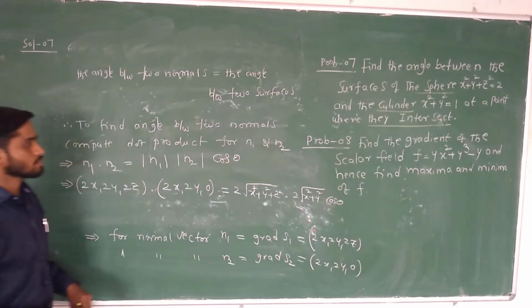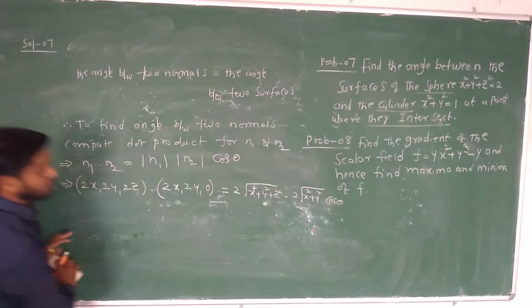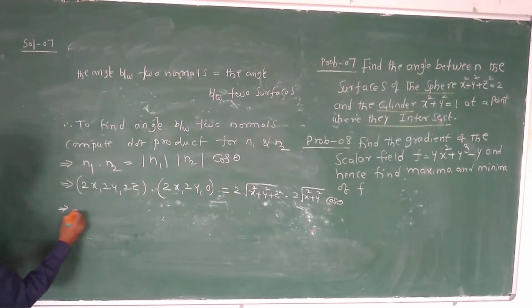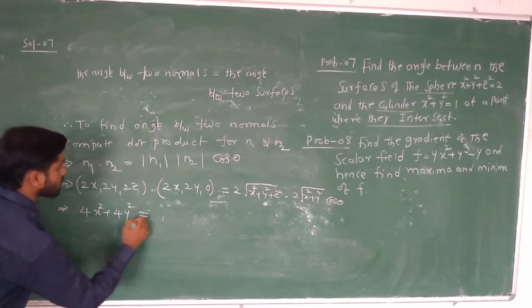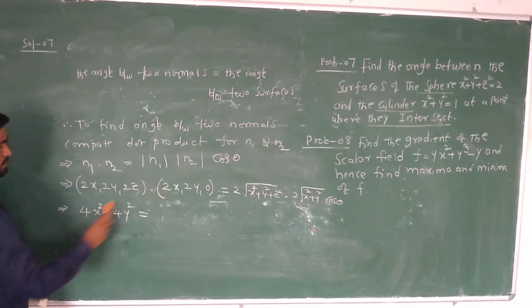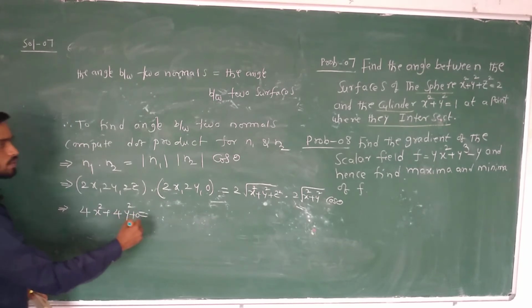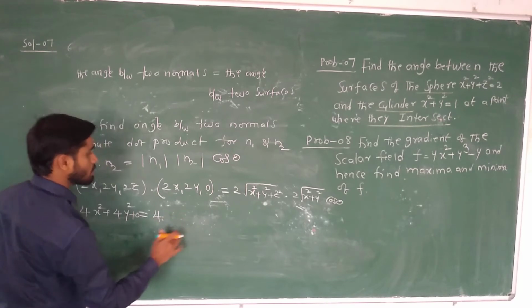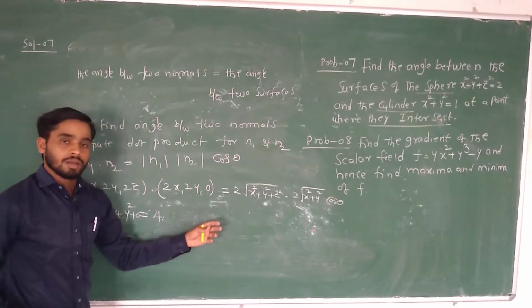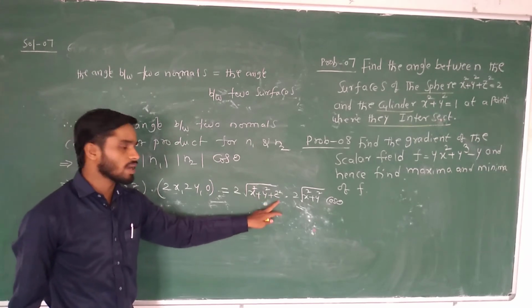So compute this dot product: 2x into 2x is 4x square, plus 2y into 2y is 4y square, plus 2z into 0 is 0. That is 4 times x square plus y square. Here x square plus y square is equal to 1 and z square also equal to 1.